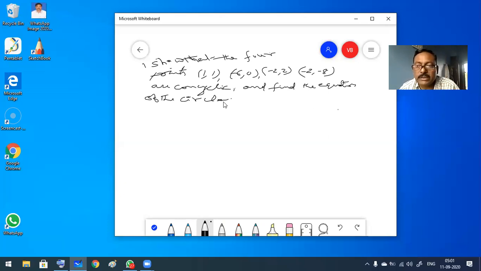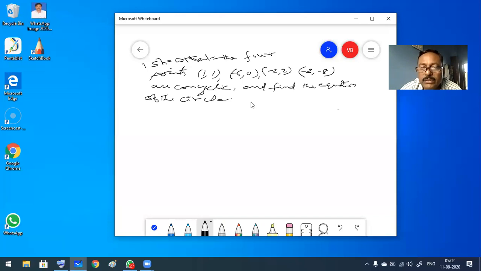So let us see, we have to prove that the given 4 points lie on the circle, that is, they are concyclic. Concyclic means the points which are on the circle are called concyclic points. So if we have to show that the given points are concyclic, the points must be on the circle.